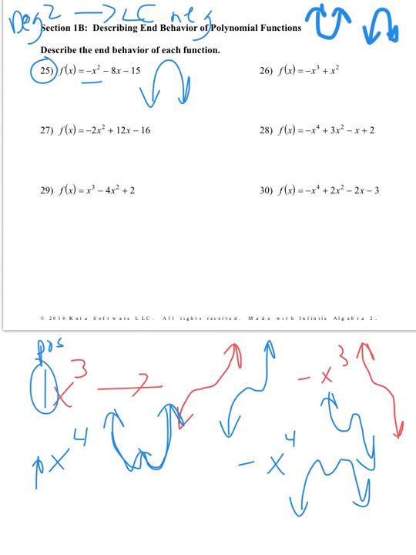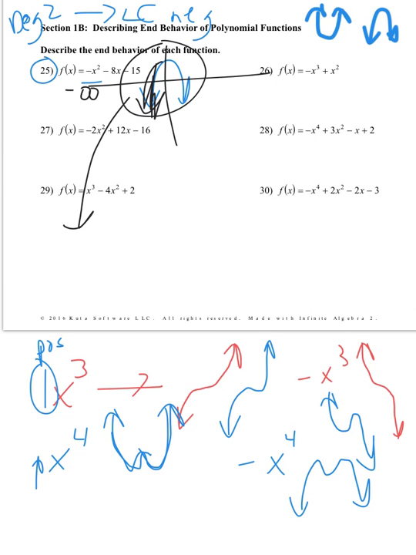Now, to describe the end behavior, we have to use correct notation. This takes a little time to get used to. If it's negative x squared, it's going to look something like this. We're going to describe the end behavior on this side right here. As I go to negative infinity with the x, what's the function doing?